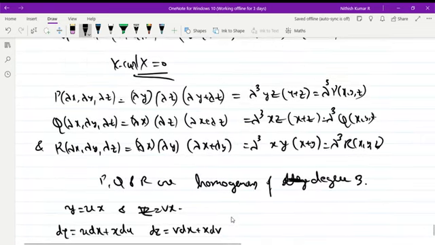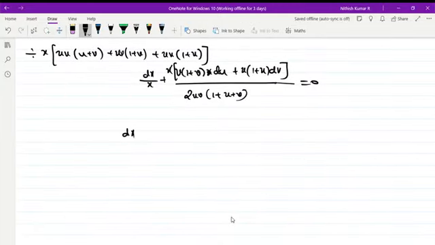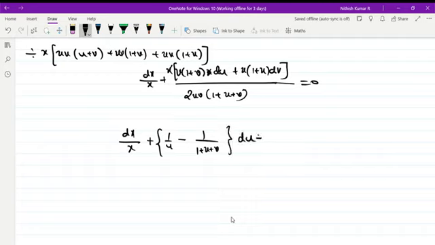So we get dx by x plus, using partial fractions, (1 by u minus 1 by (1 plus u plus v)) du plus (1 by v minus 1 by (1 plus u plus v)) dv equal to 0. We can find this using partial fractions.